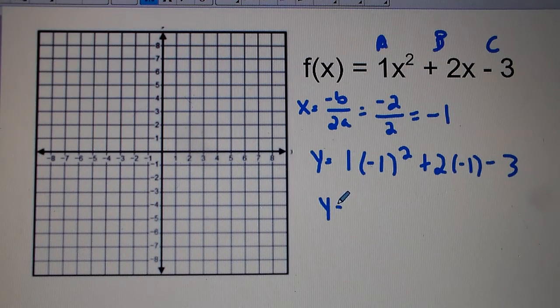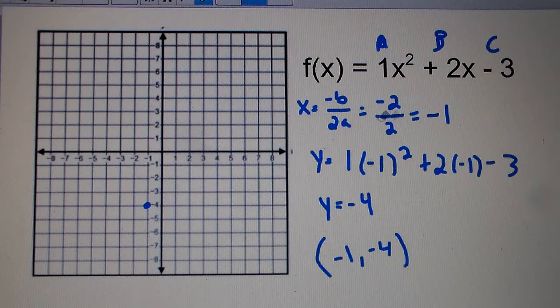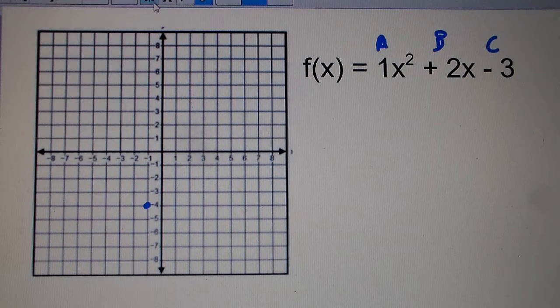So y equals negative 4. So our vertex is negative 1 comma negative 4. So we plot that point, negative 1, negative 4. We successfully found our vertex. Now in red, we're going to make our little t-chart.